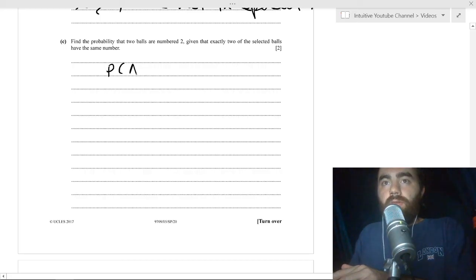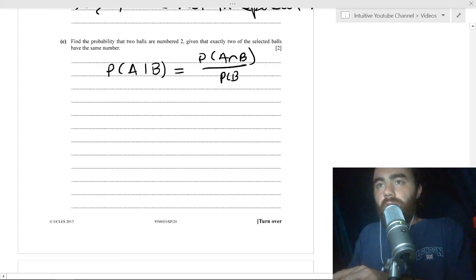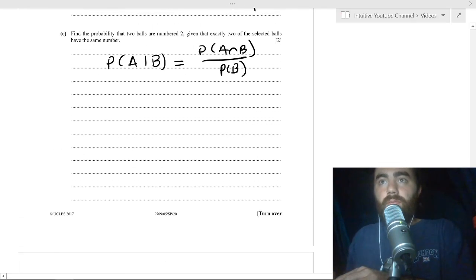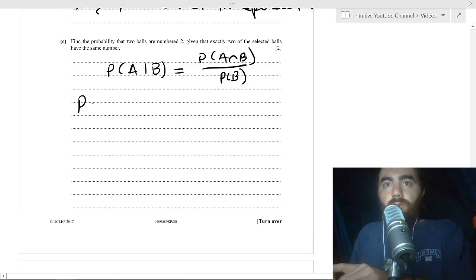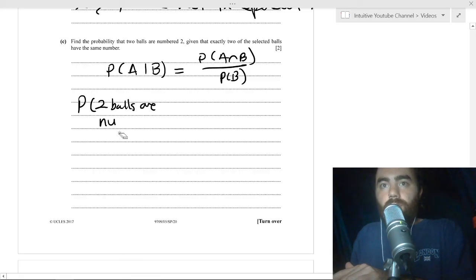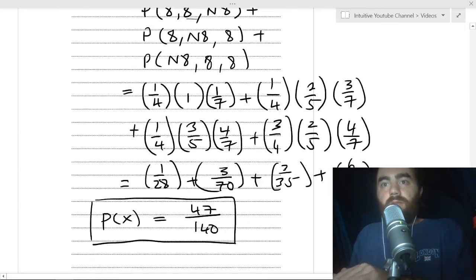Well, we know that the equation for event A given event B equals P of them both occurring divided by the probability of B. So that's our equation for the probability of A given B. And in this case, our A is the probability that 2 balls are numbered 2, given that 2 of the selected balls have the same number, which is the same as this probability here, X.